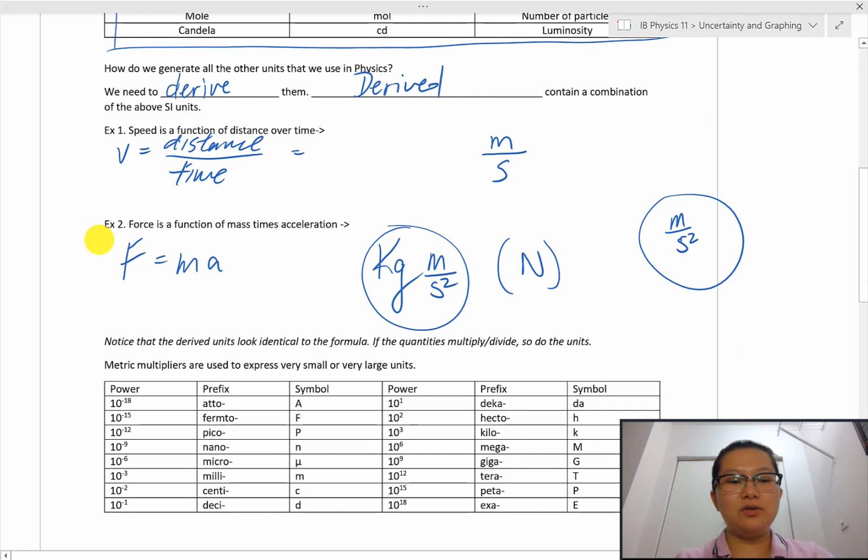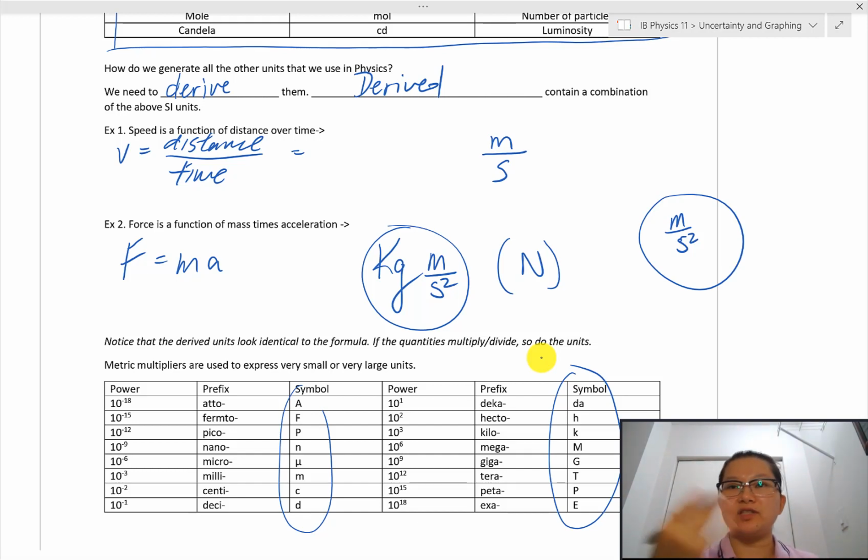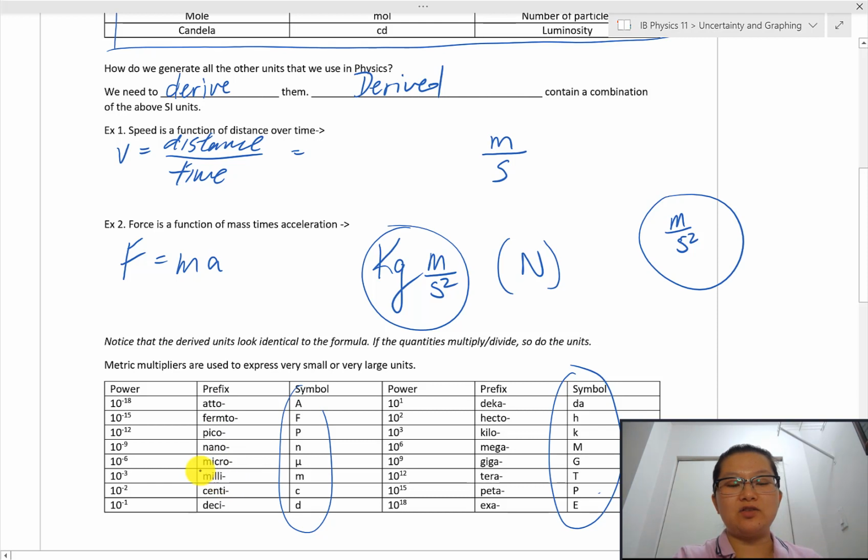The other thing that you will notice when combined with units might be these other little tiny symbols which tell you how big or small the units are. So instead of writing 10 to the power blah blah blah, just like you would do for scientific notation, you might see these little tag-alongs to show you that instead. So for example, the milli, the centi you might have seen before, or the kilo.